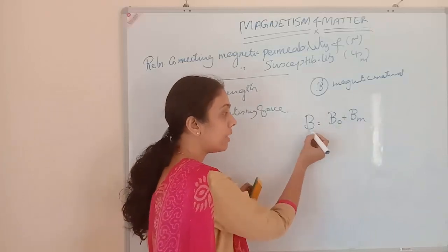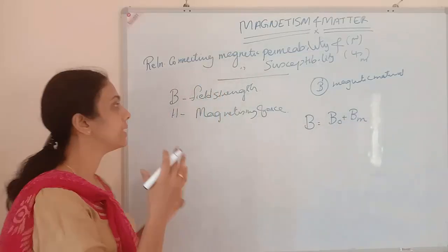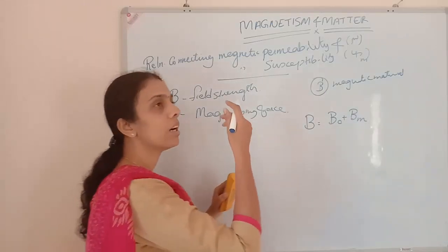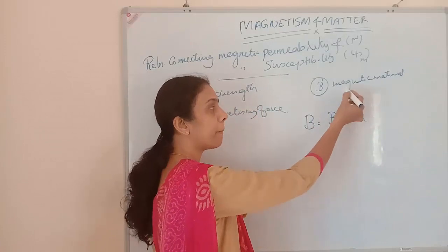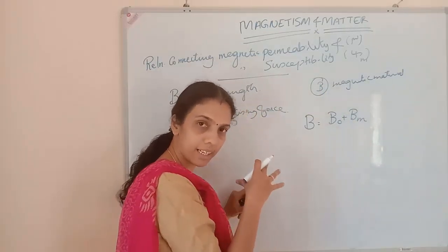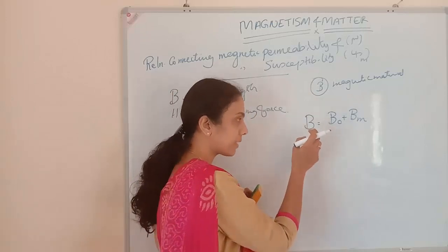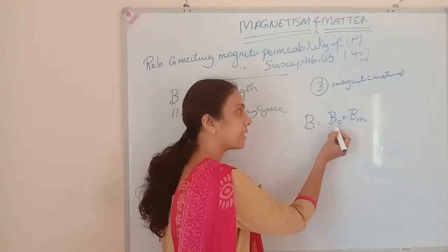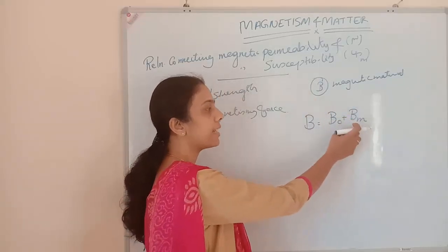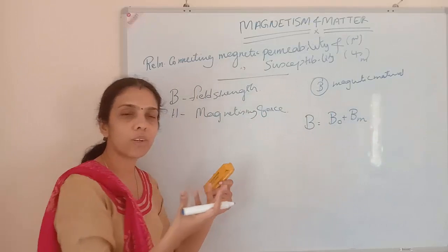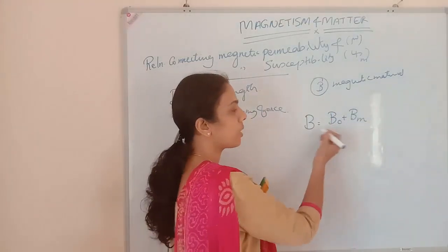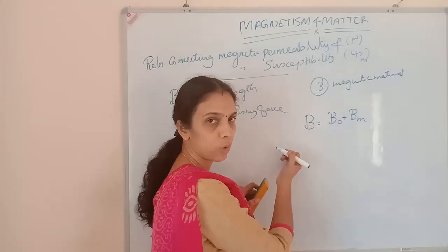B is the total magnetic field strength due to the presence of a magnetic material, which is getting magnetized. That field strength is the vacuum field plus the field the magnetic material is getting. So what is the total magnetic field? B equals B0 plus Bm.